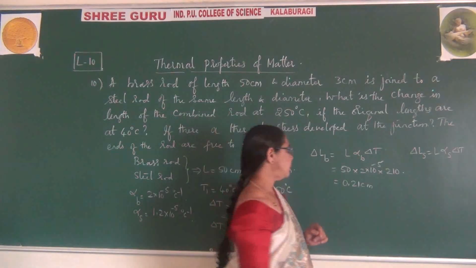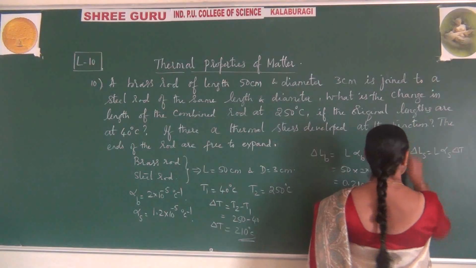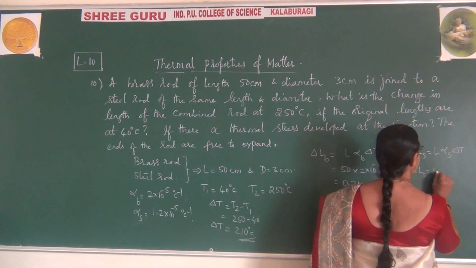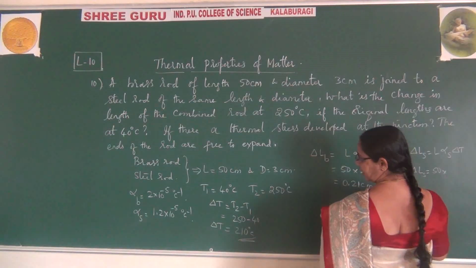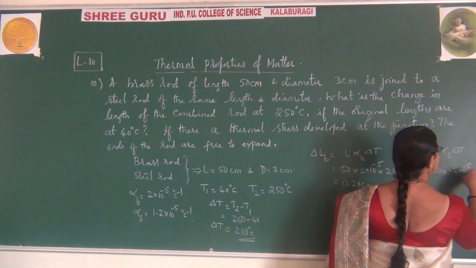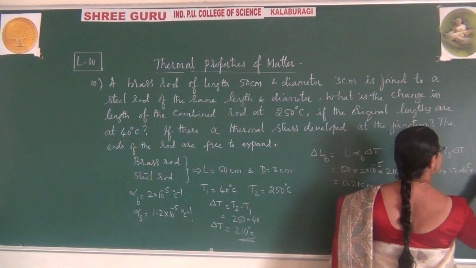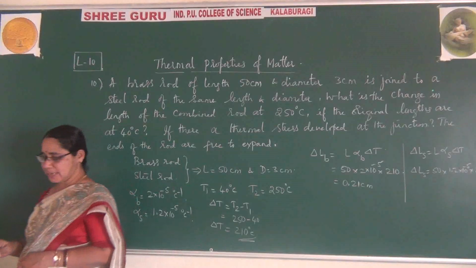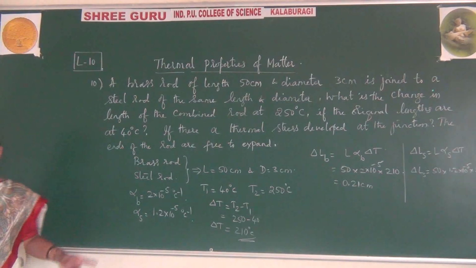Okay. Now let me write for delta LS. Delta LS is equal to 50 into alpha S, 1.2 into 10 raised to minus 5 into 210. Alright. It is the same formula, and the values are the same. Only alpha S is different here.